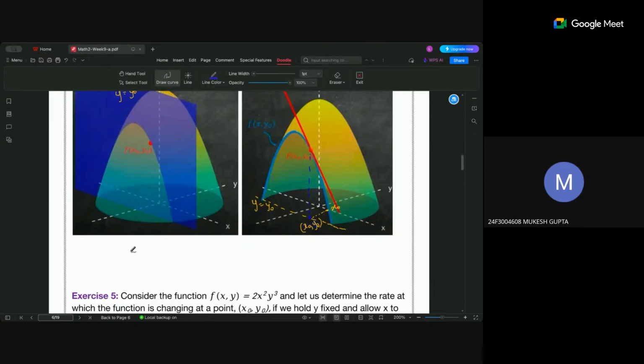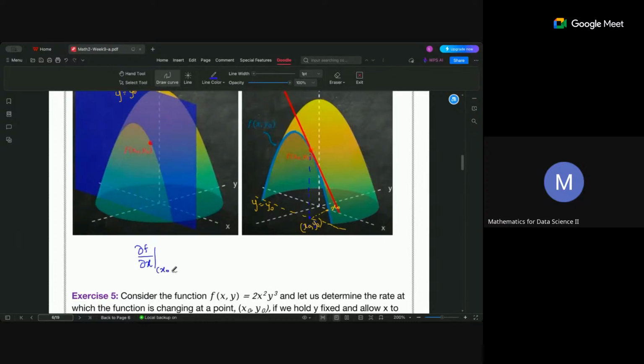Actually, in this case, one is fixed and the other is variable. You have drawn the curve here. Yes, this curve is the intersection of this fixed plane and this entire surface. Okay, fine. So we are trying to find dou f by dou x, the partial derivative of f with respect to x, at which point?